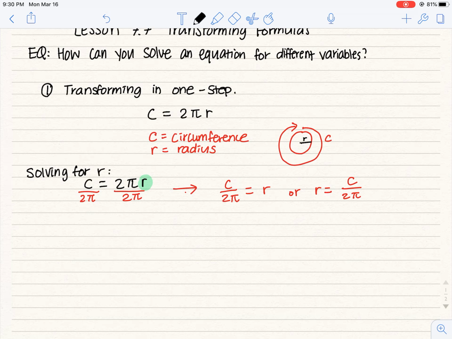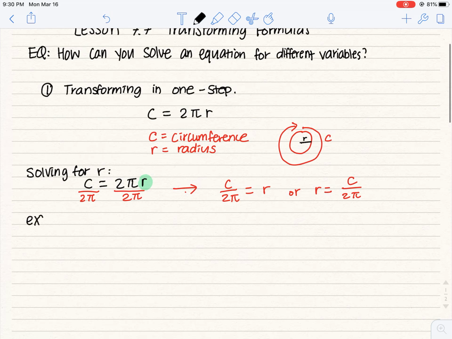Okay, or how about another example? Finding the area of, let's say, a rectangle. The formula for the area of a rectangle is going to be area equals length times width, right?